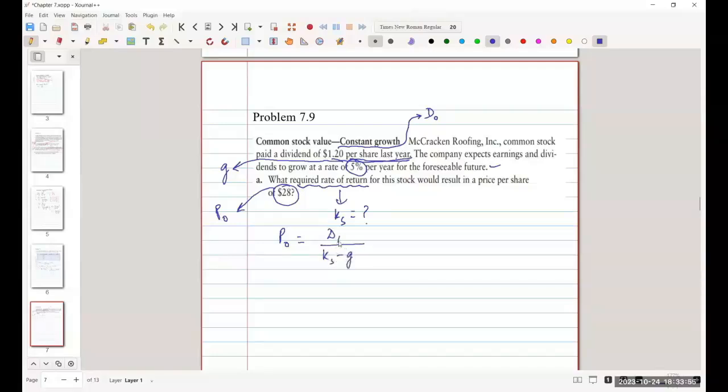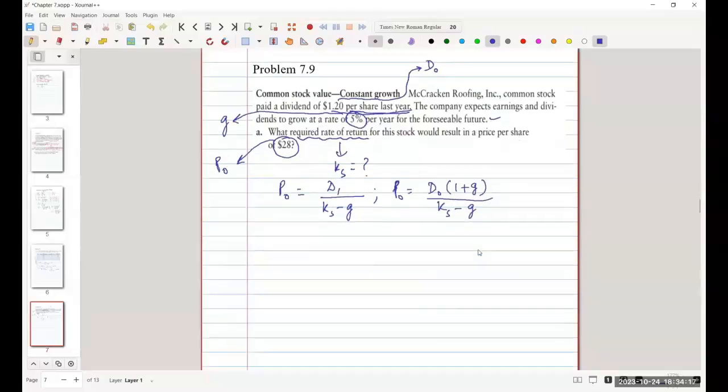We don't know what D1 is here, but we know D0 is 1.20, and it grows for one period to become D1, so P0 equals D0 times (1 plus g) divided by Ks minus g. Then we can substitute the numbers and find the value of Ks.